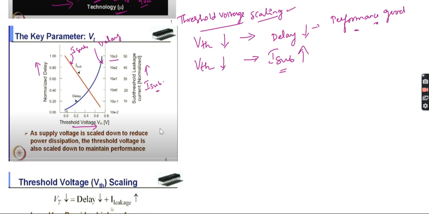The supply voltage is nothing but VDD. As the VDD is scaled down, the power dissipation is reduced. So if you want to reduce the power dissipation, you can reduce the VDD also.